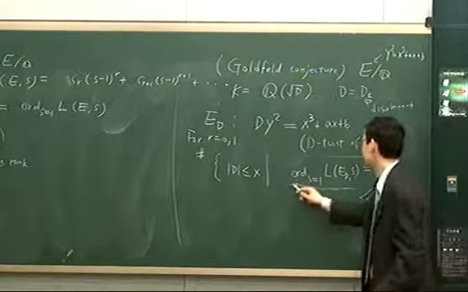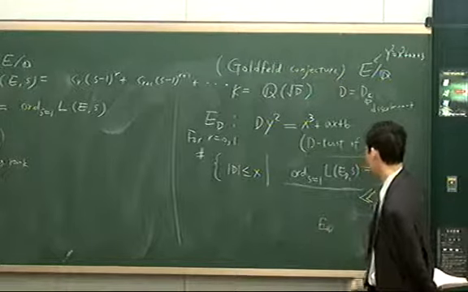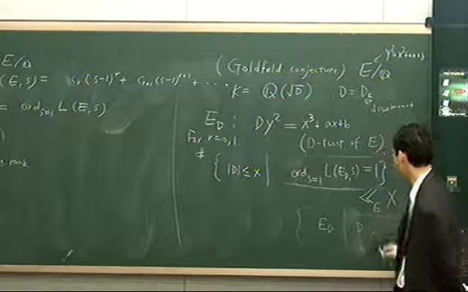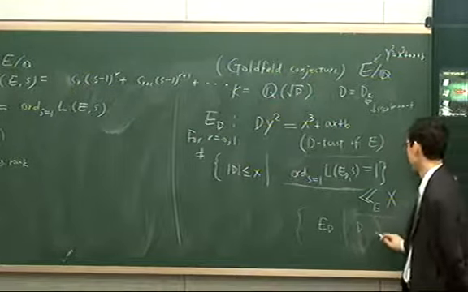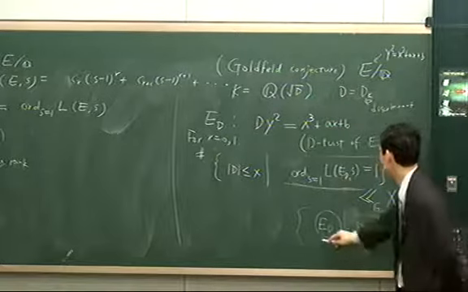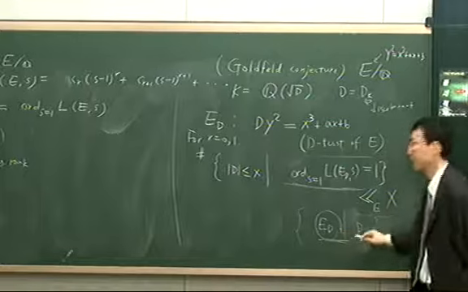This implies that we can pick any elliptic curve E_D from all d-twists, and then half of them have rank 0 and half of them have rank 1.